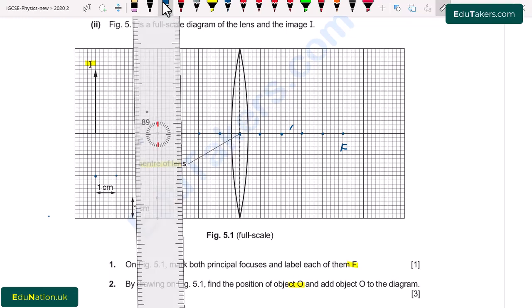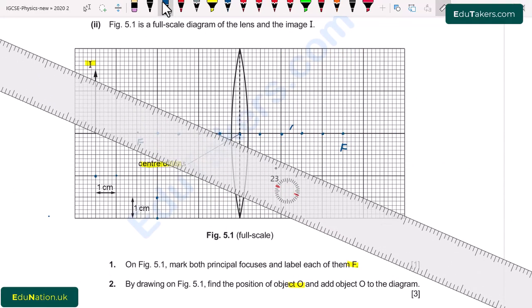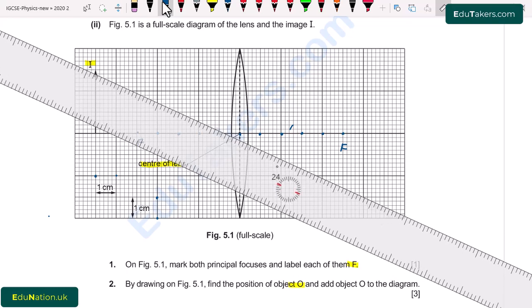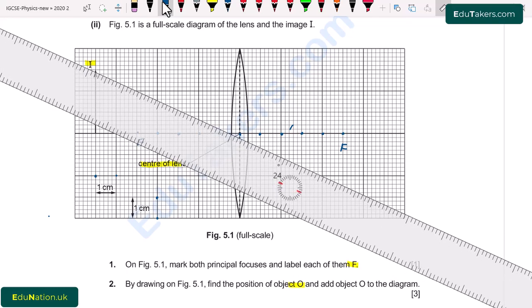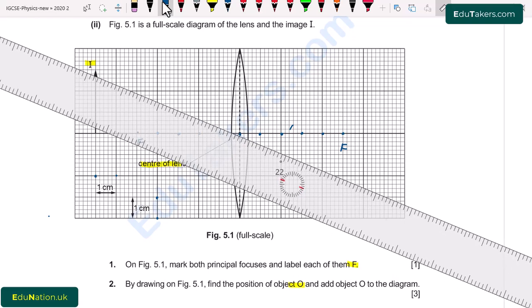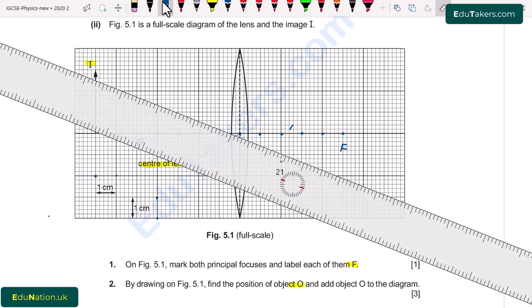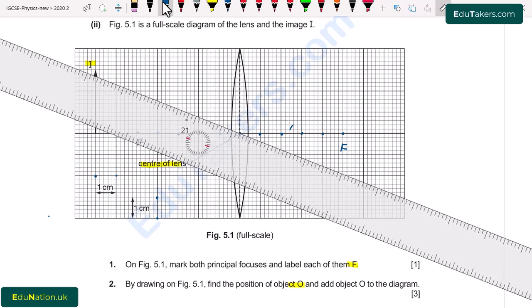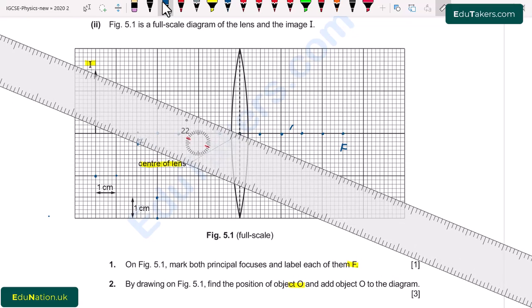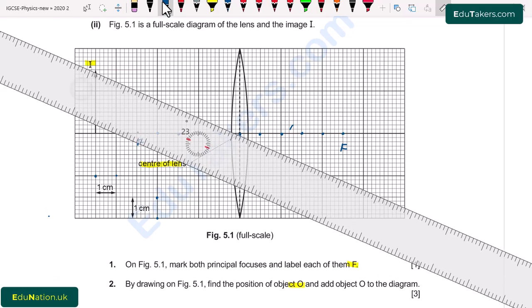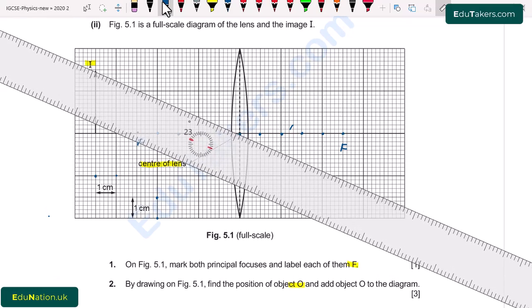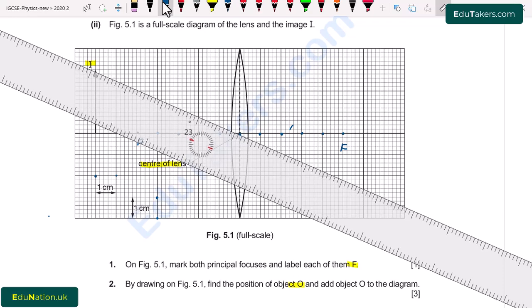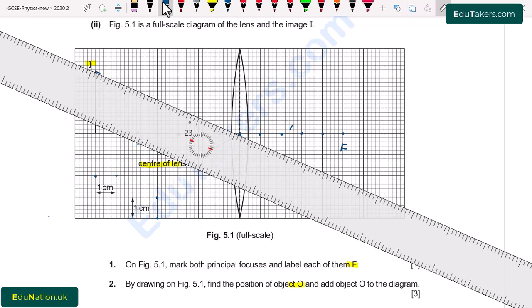I use the scale, and first of all I draw the ray that passes through the center of this lens. So I draw a line starting from here and passing through the center of the lens and this one.